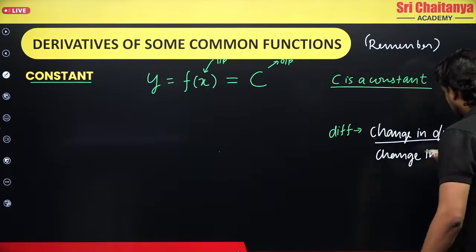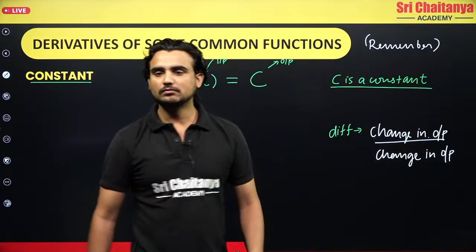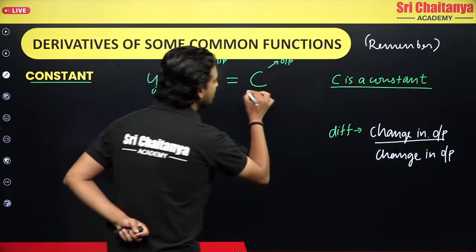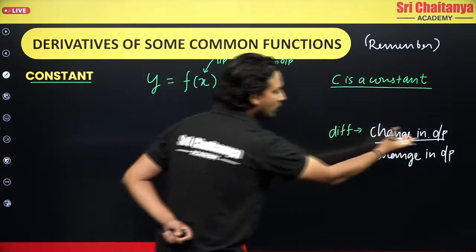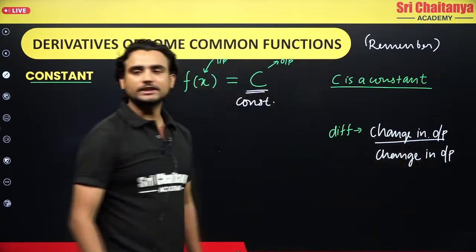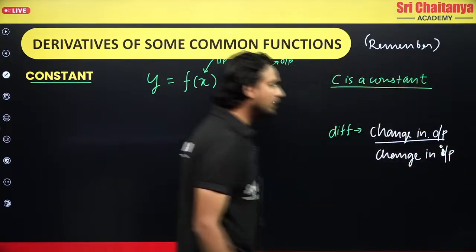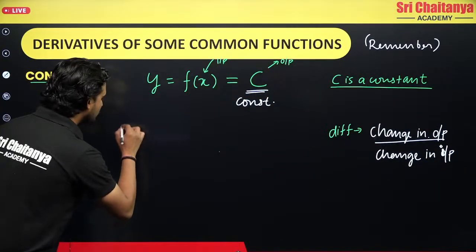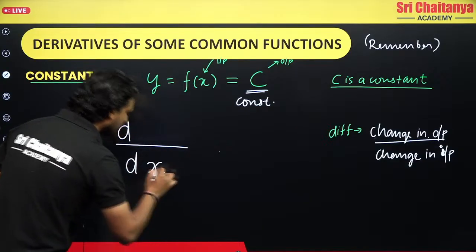Now you tell me, in this, will my output change? What is my output? My output is c, and this is a constant value. So my output will not change even if I change my input value. What do you mean by that? So the differentiation of a constant function. Now what is d by dx? Okay, I will say what is d by dx?